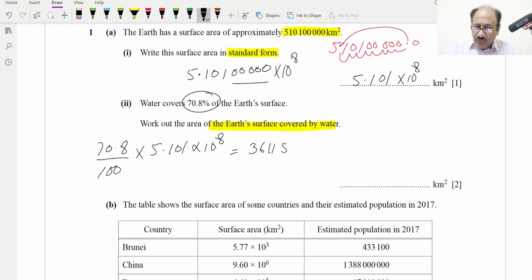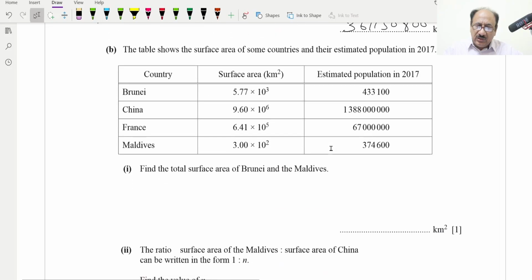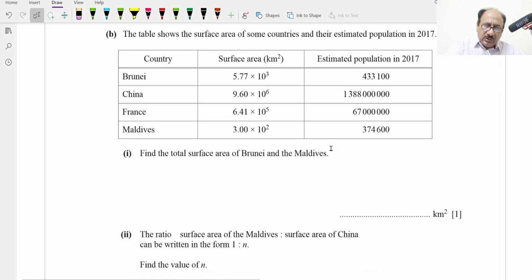This will be our answer over here: 361,150,800 kilometers squared.